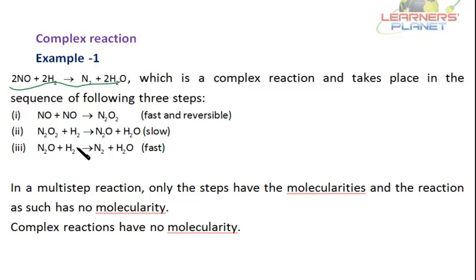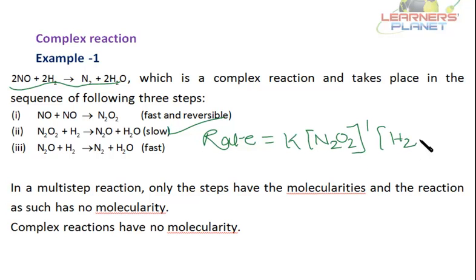The second step is a slow step. Now the slow step determines the order of the reaction. So what will be the order of this reaction? It will be 2. And the rate law is also determined by the slowest step, so rate will be equal to k[N2O2]^1[H2]^1.